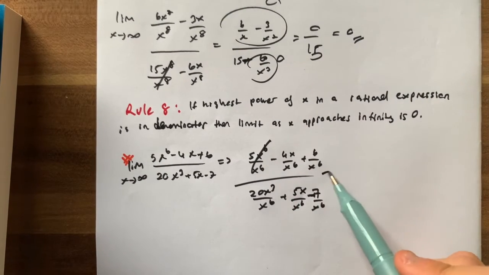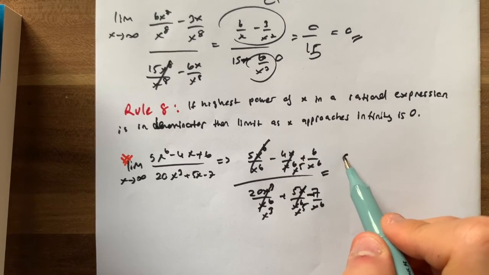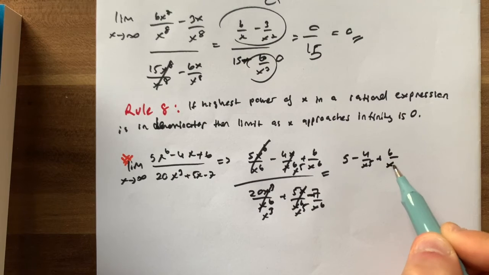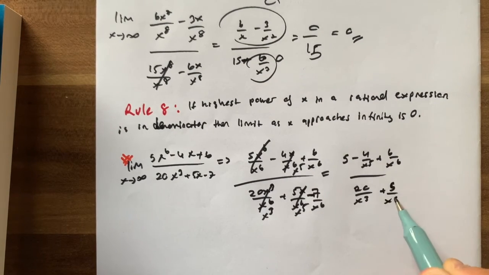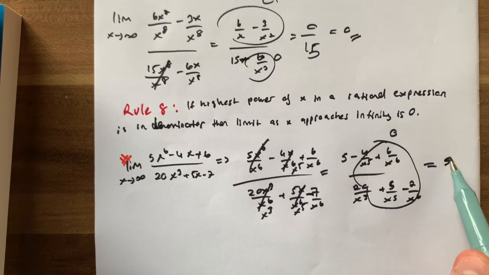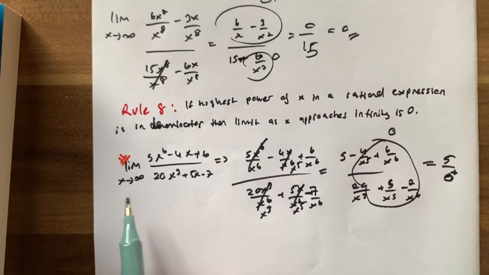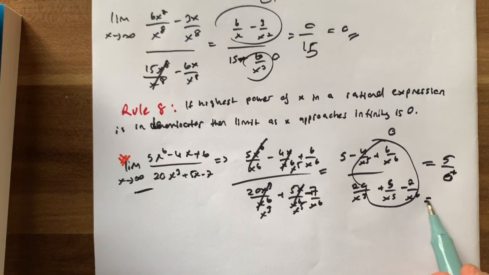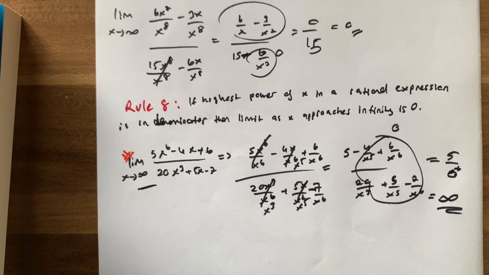These will cancel each other, and we're gonna have, these all will be 0, so 5 over 0, and this will be a little bit bigger than 0 because we take the limit, so it will approximately be infinity. This is vice versa. So if you have the highest exponent in the numerator, then your result will be infinity.